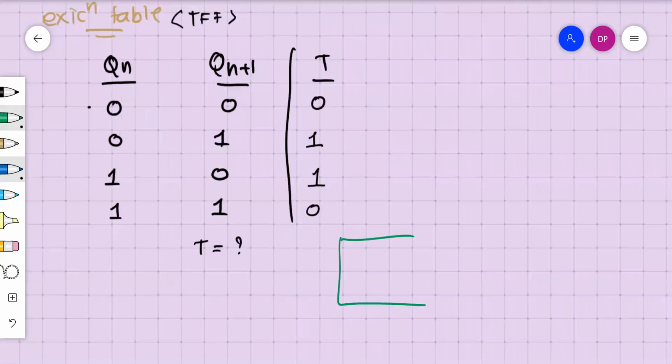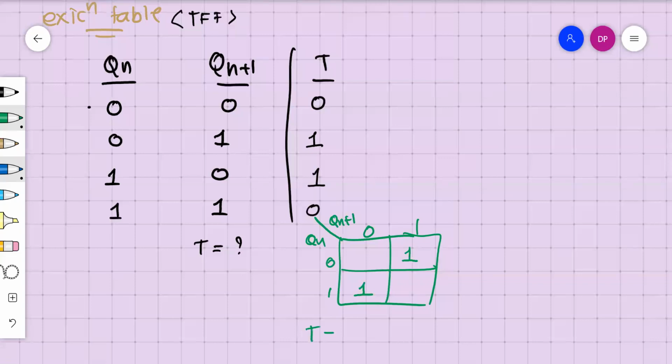It's a two variable problem again. You take Qn on one side and Qn+1 on the other side, right? 0 1, 0 1. So you get a value here, you get a value here. Again, it is diagonal grouping. So the expression for T will be Qn XOR with Qn+1.